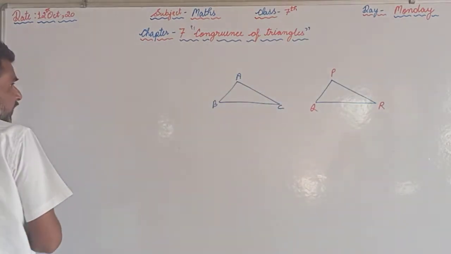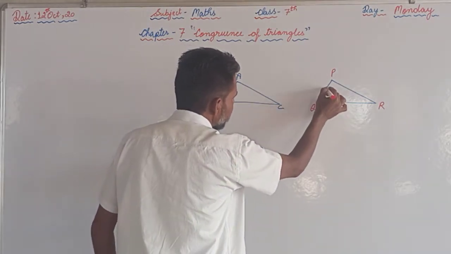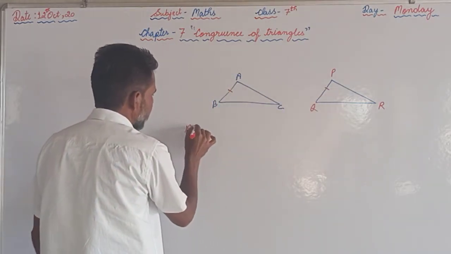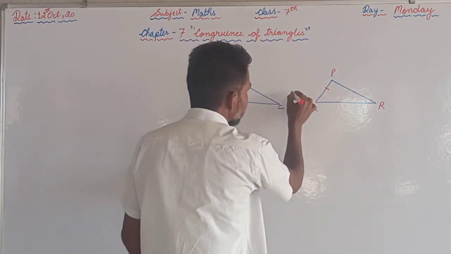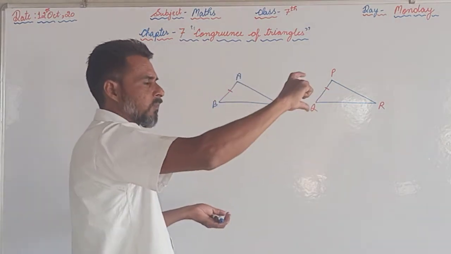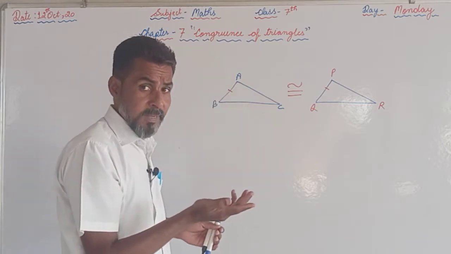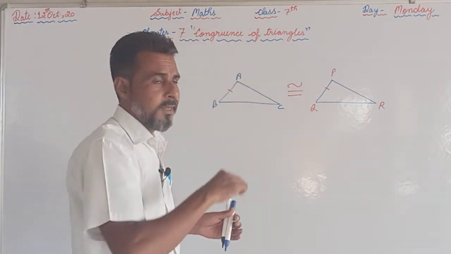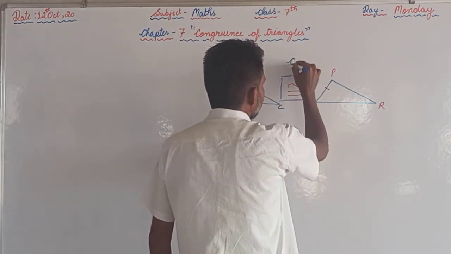Now, if these two triangles are congruent, this is the sign of congruence: two horizontal parallel lines, and above them a curly line. This means congruence.